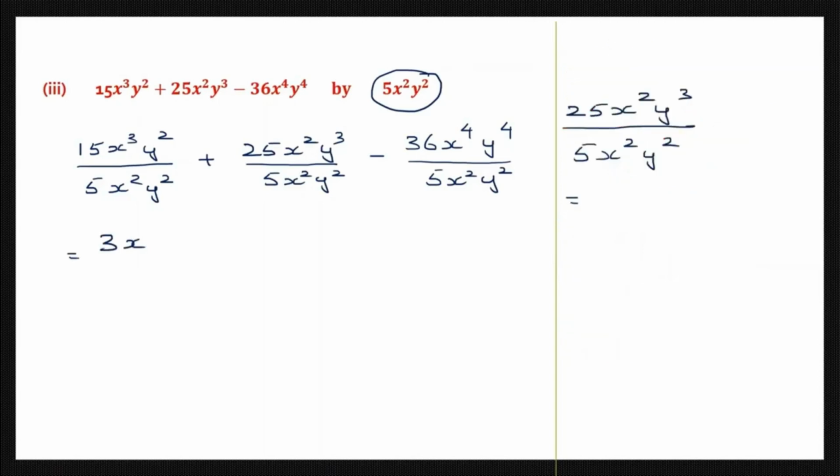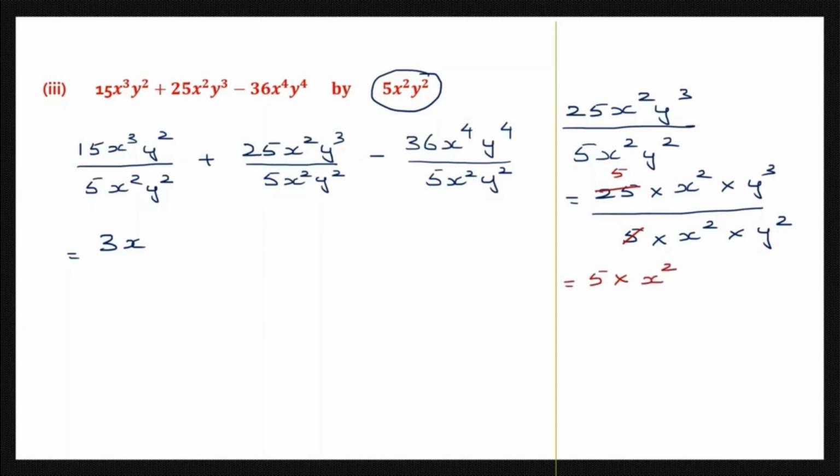So the second term is 25 into x to the power of 2 into y to the power of 3 divided by 5 into x to the power of 2 into y to the power of 2. Let's cancel. 5 5s are 25. So 5 into x to the power of 2 minus 2 into y to the power of 3 minus 2.